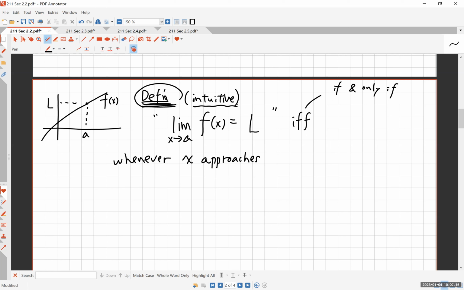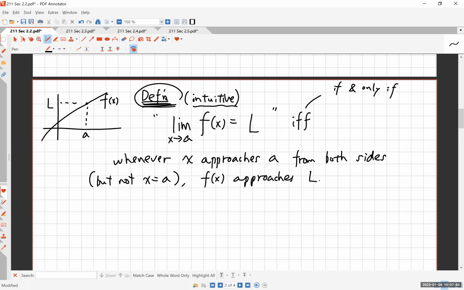Whenever x approaches a from both sides, I say both because there are only two directions, but x is not equal to a precisely, as x approaches a from both sides, f of x approaches L infinitesimally.